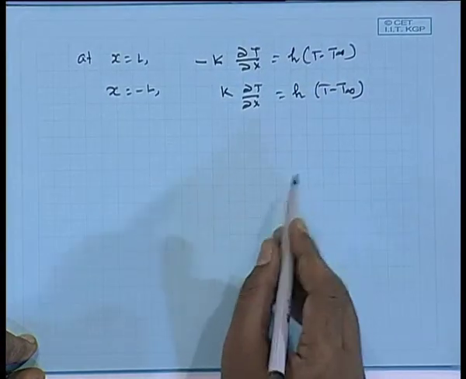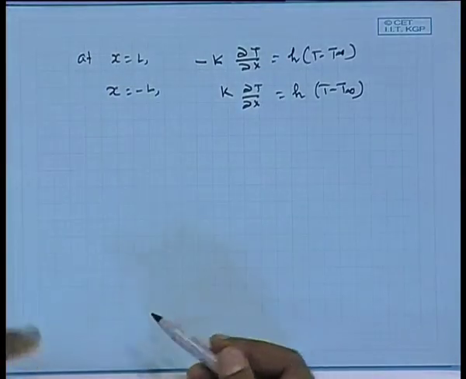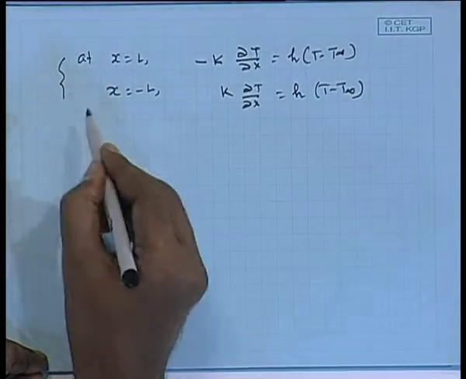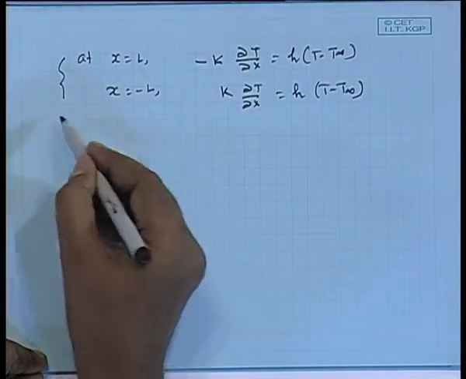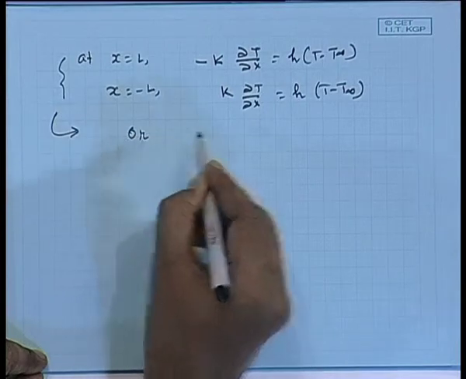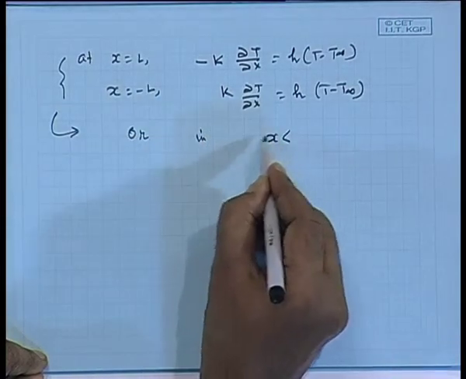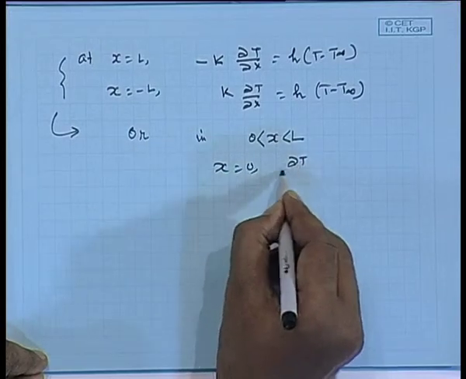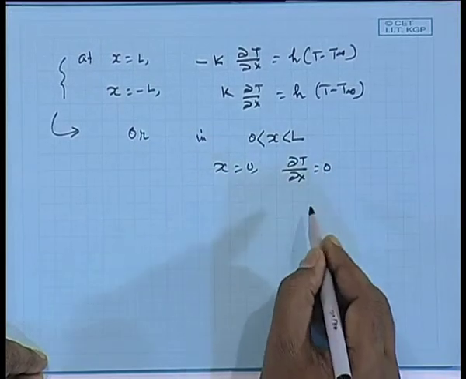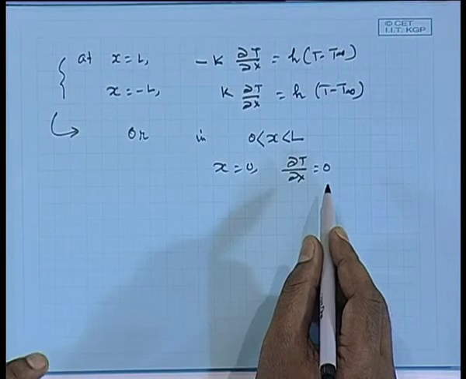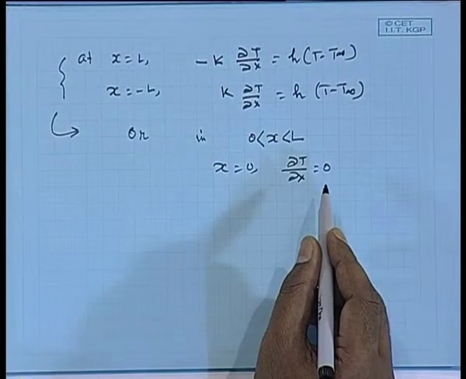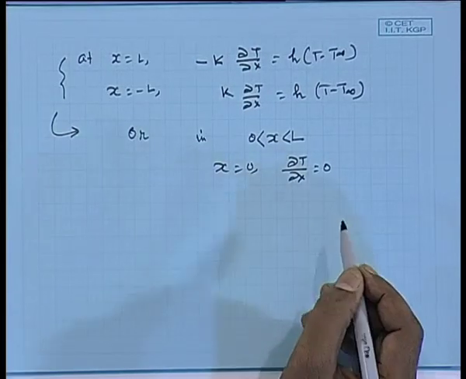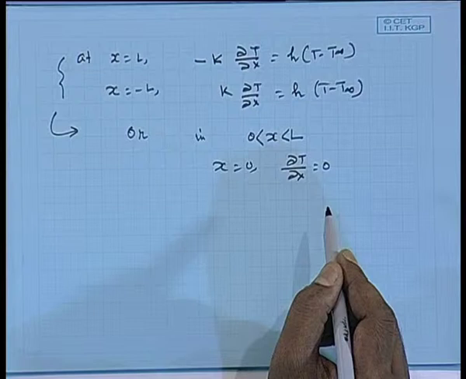Now, considering the temperature distribution being symmetrical, one of these two boundary conditions can be replaced as follows: if you define your x between 0 to L, at x equal to 0 you can say del T del x is equal to 0. That means T is assuming some finite value at x equal to 0, which will be more or less constant by symmetry, so the derivative of that will be equal to 0.